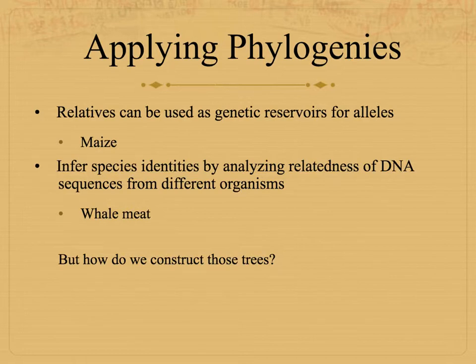If something happens to that corn, we can actually go back to its closest relatives and try to breed new genes, or actually old genes, back into our new corn, to get it to maybe even be more cold resistant or disease resistant. So that's one way we could use a phylogeny.